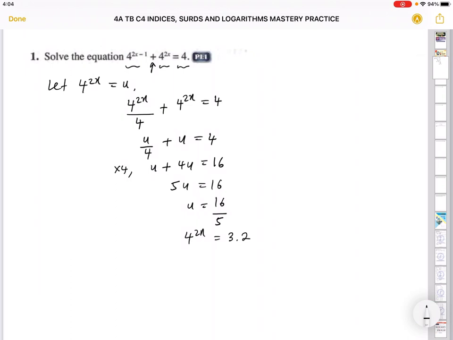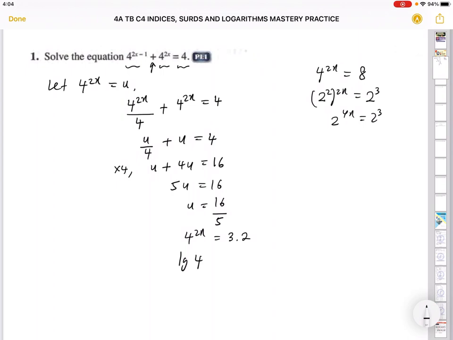Now, it's not like we can change everything to the same base. If, for example, 4 power x, if this value is 8, then we can change everything to base 2, like 8 we can write as 2 power 3, then we can actually solve for x, right? If you can't change to the same base, then we have to use logarithm, right?